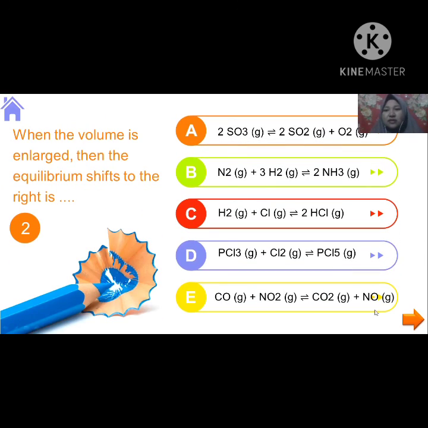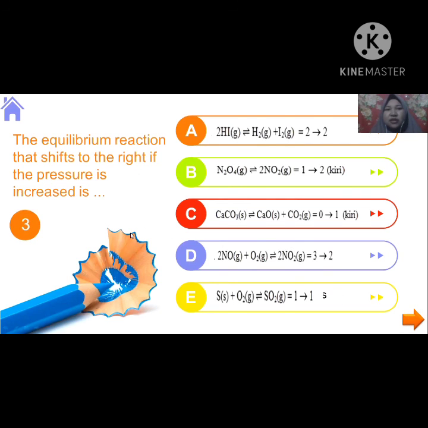Okay, we move to the next question. The equilibrium reaction that shifts to the right if the pressure is increased. We know that pressure is opposite from volume. So from the reactions, what do you think? What is the answer?